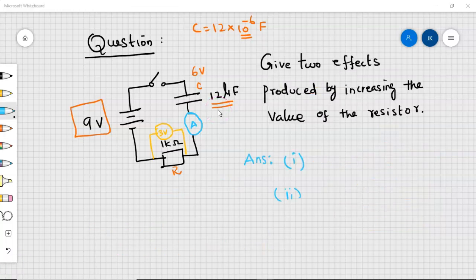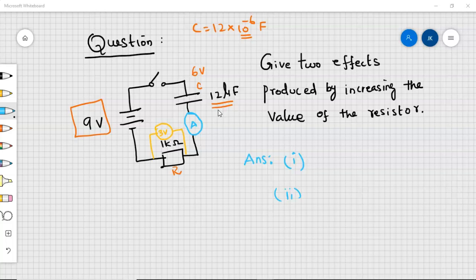Another question in the same circuit: give two effects produced by increasing the value of the resistor. Here we can increase the value: 0.5, 1, 1.5, 2 kilo ohms. We can use any values. So how does increasing the value affect it?